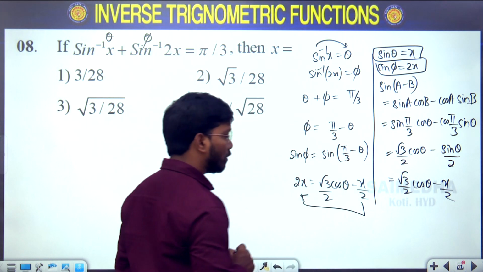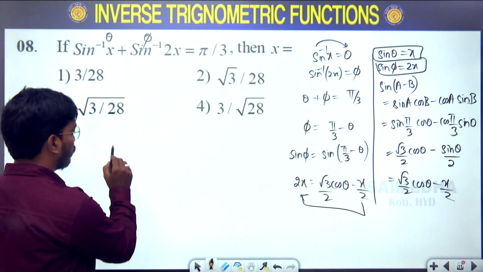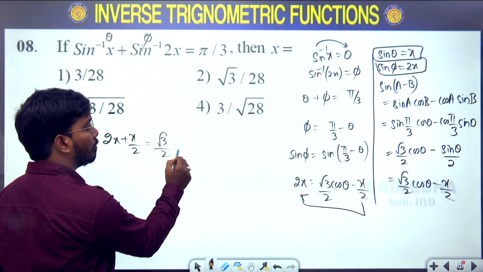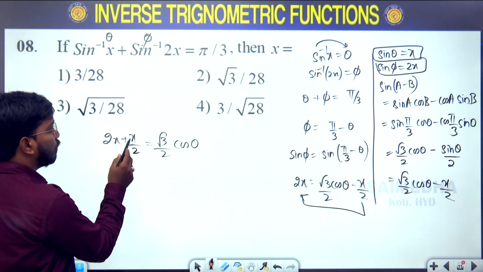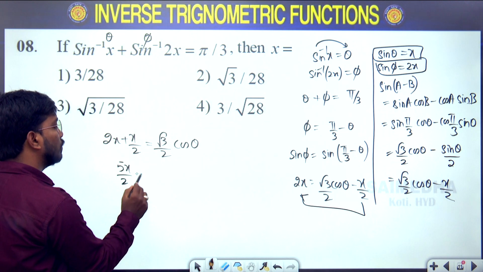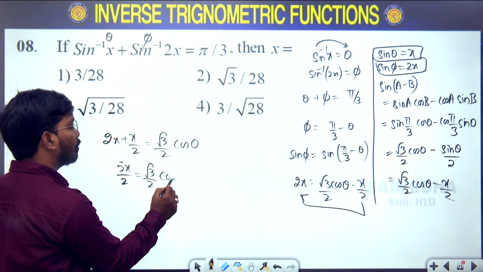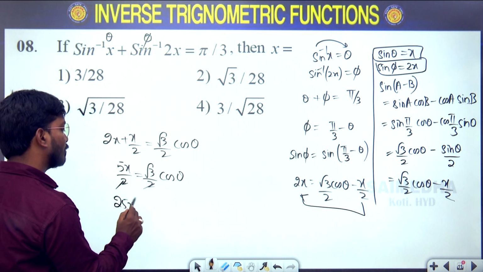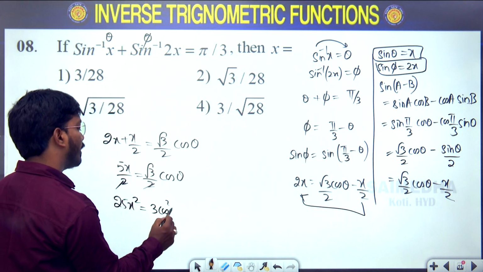Minus x divided by 2 coming to the left hand side will become plus x by 2. So 2x plus x divided by 2 equal to root 3 by 2 cos theta. 2 into 2 is 4, 4 plus 1, 5, so 5x divided by 2 is equal to root 3 by 2 cos theta. 2 gets cancelled, 25x square is equal to 3 cos square theta.